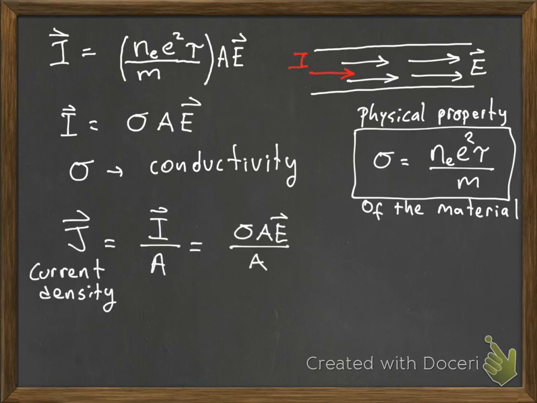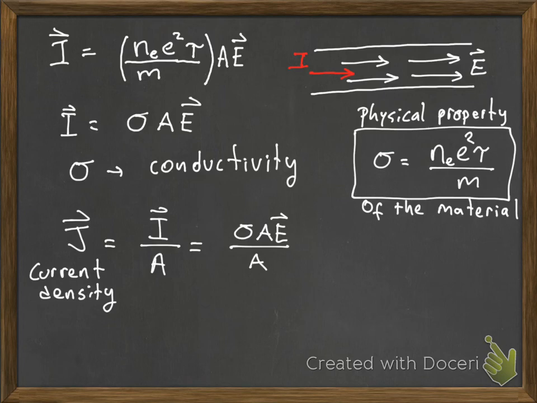Another quantity that is used to describe the current in a wire is what's called the current density. The current density is defined as the current flowing through a wire divided by the cross-section of the wire.